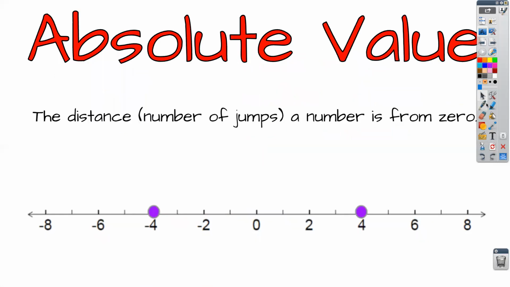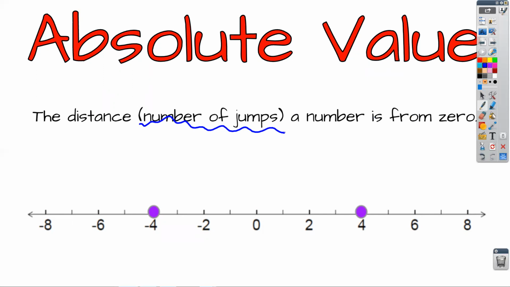I want to talk about absolute value. Now this definition is very important, and I'm going to tell you right now, this is a test question, so please pay attention. The absolute value is the distance or the number of jumps a number is from 0.